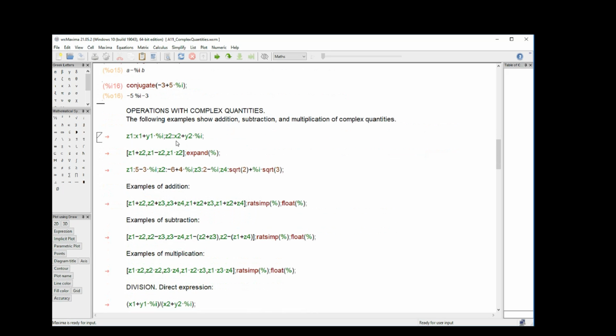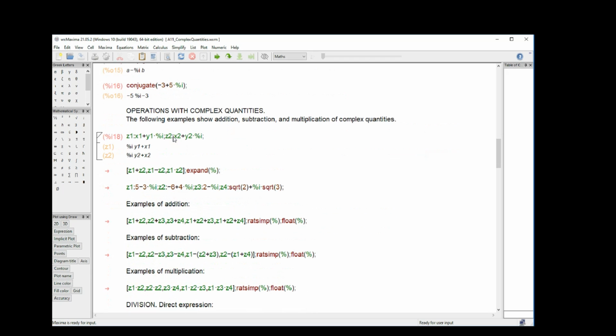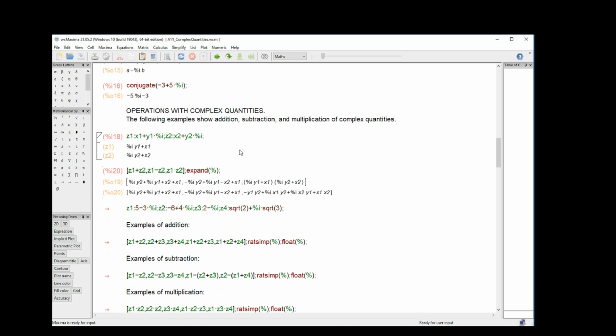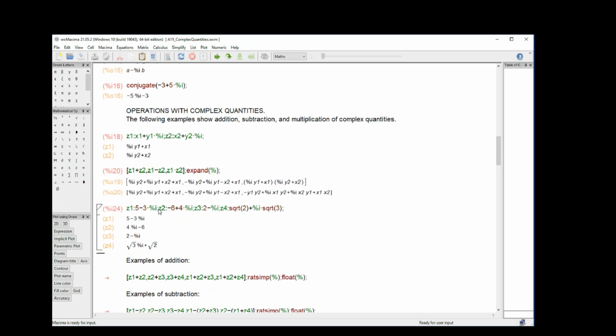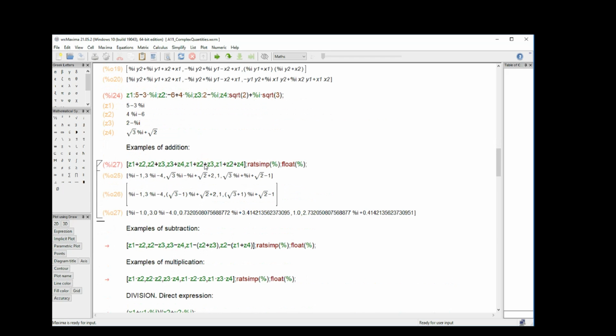Operation with complex quantities, Maxima calculates those very simply. Given generic complex numbers z1 and z2 equal to x1 plus i y1, x2 plus i y2, you have the summation, subtraction, and multiplication with real values. Here is the z1, z2, z3, z4, and we're going to combine them in some additions.